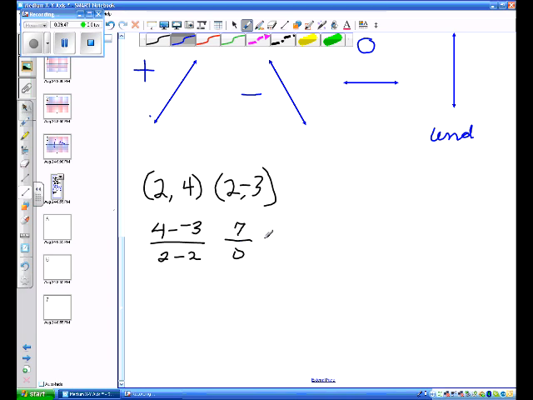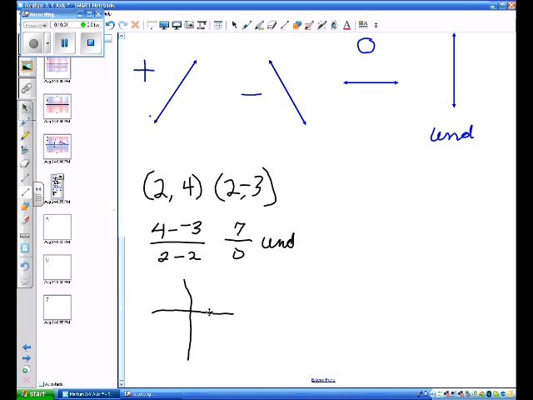Well, that's undefined. If we graph those 2 points, we would have 2, 4, and 2, -3. So you can see we would have a vertical line.